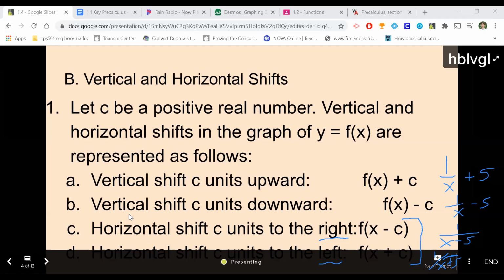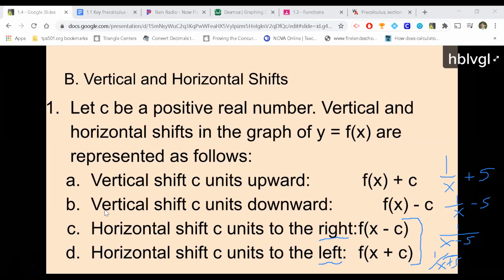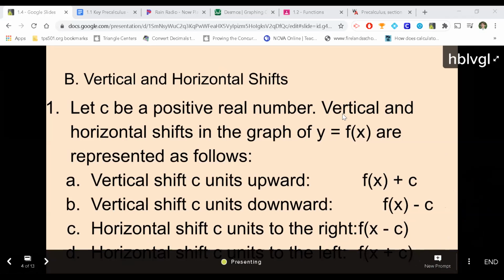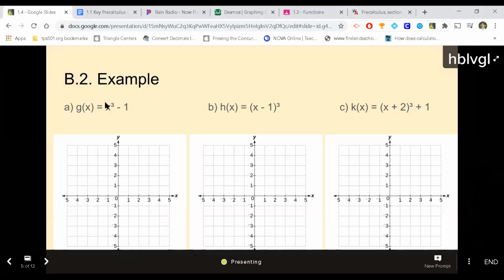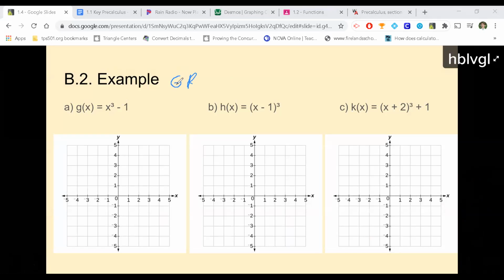Okay. More time to write? Are we good? Okay, nobody's telling me no, so let's do it. For example, if I want to graph each of these, I could do it without a calculator.